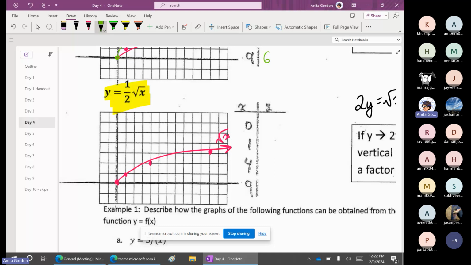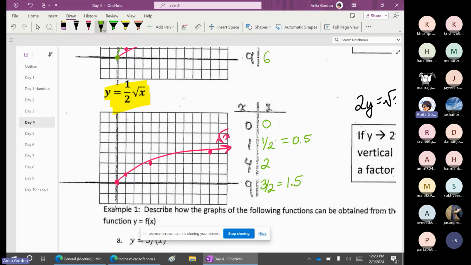So if x is 0, y is 0. If x is 1, 1/2. Now, when we're looking just algebraically, we're going to leave it as fractions. However, because I want to graph it, it's easier to work with decimals. So this is 0.5. If x is 4, 2, and if x is 9, 3/2 or 1.5.